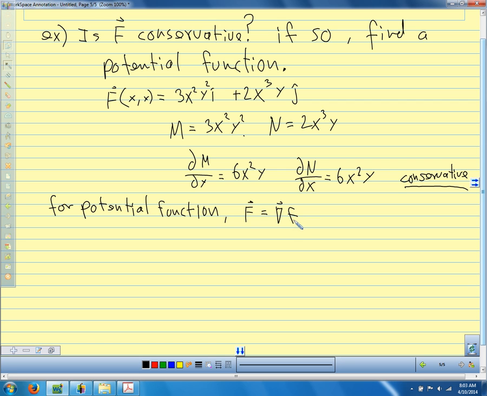So we need the partial of f with respect to x, df dx, to equal 3x squared y squared. And the partial of f with respect to y has to equal 2x to the third y.